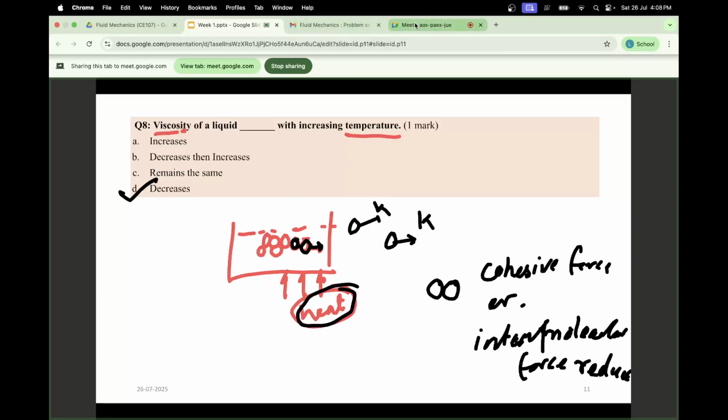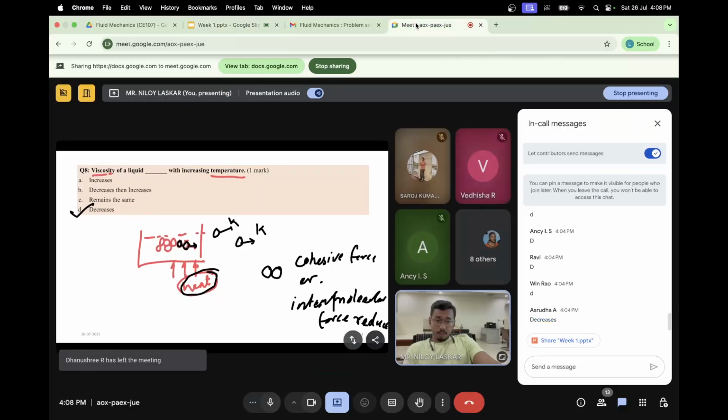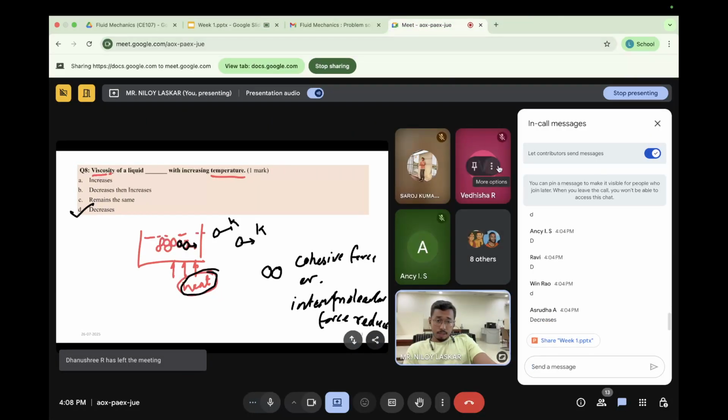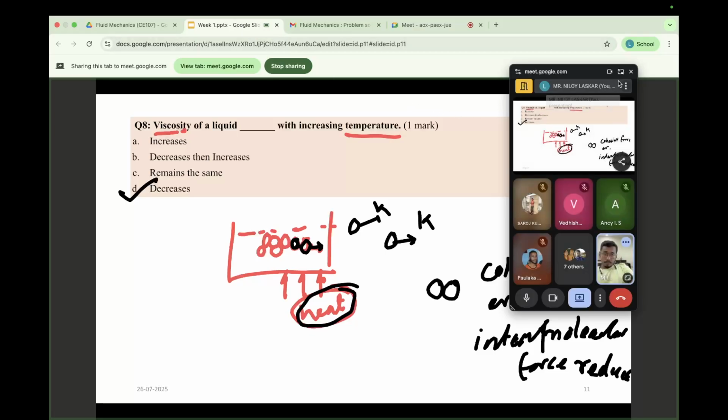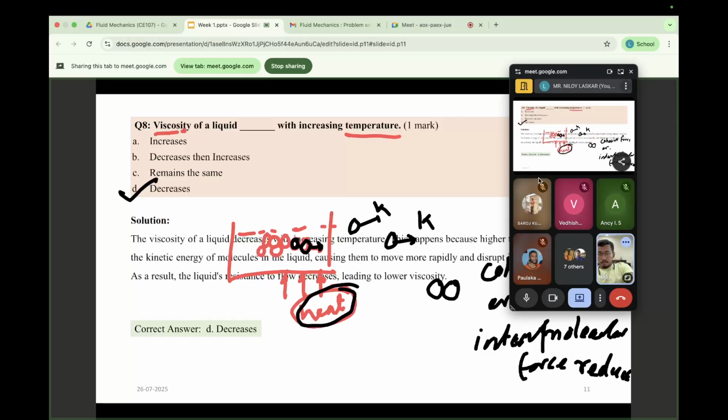So option D is the correct answer. Is it clear? Now I am moving to the next one.